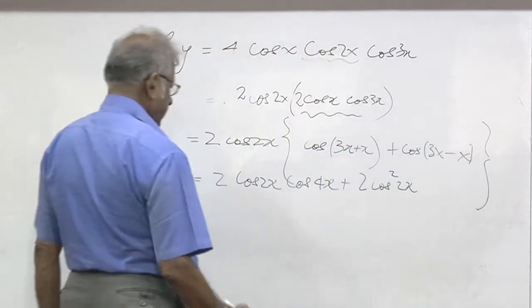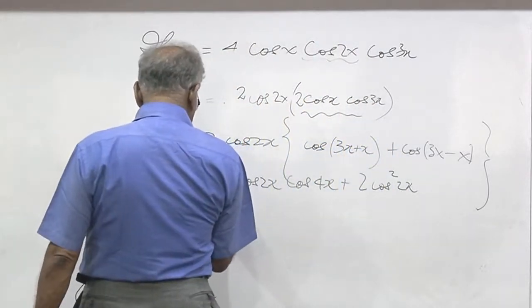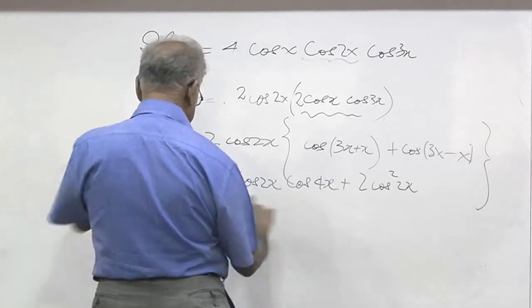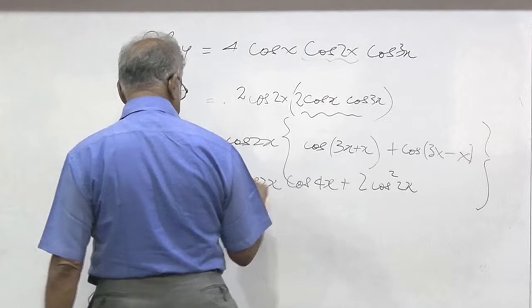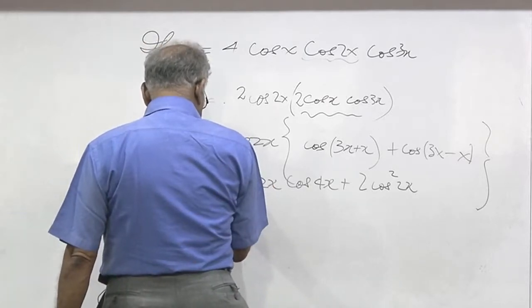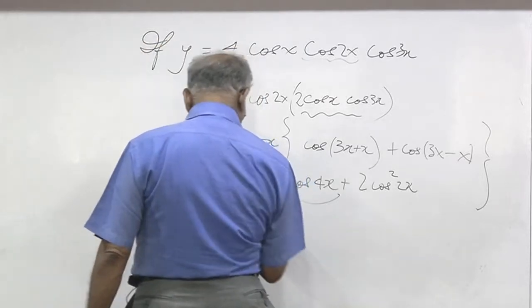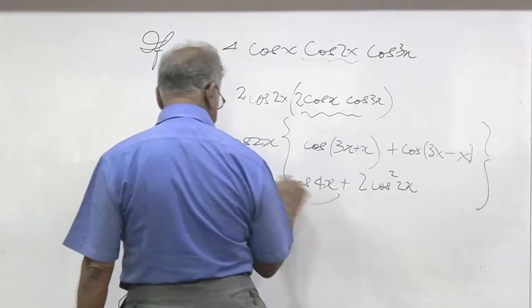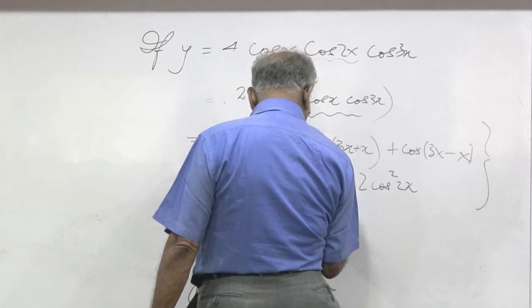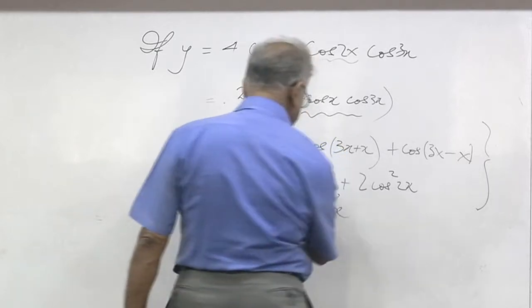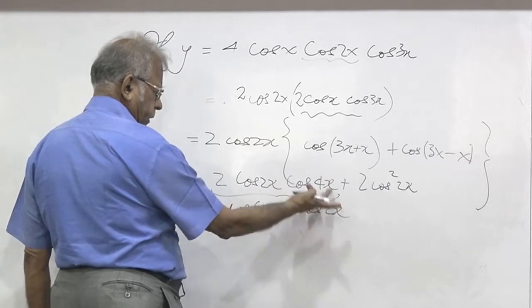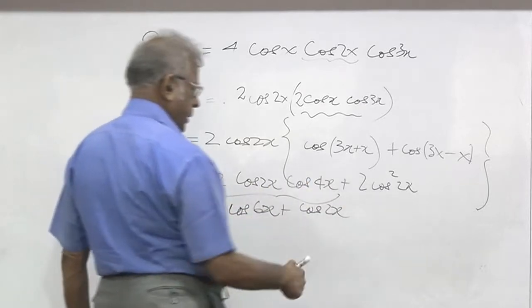That's fine. This can be simplified with the same philosophy. The first part will be cos of 6x, sum of the angles, plus cos of 2x, the difference of the angles. 4x minus 2x is 2x and 4x plus 2x is 6x.